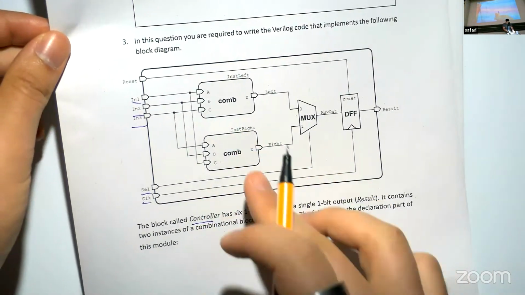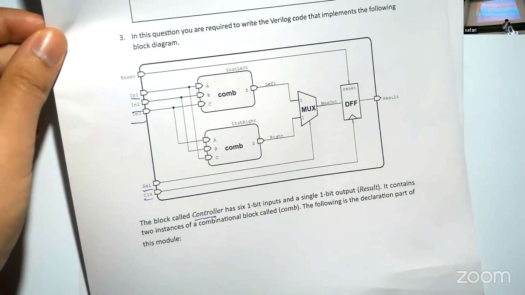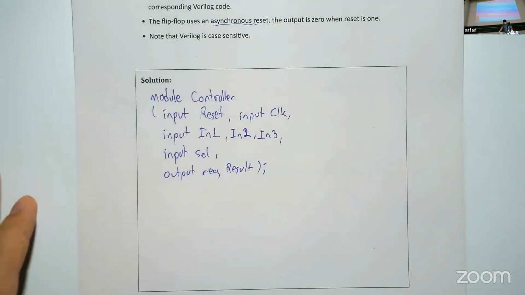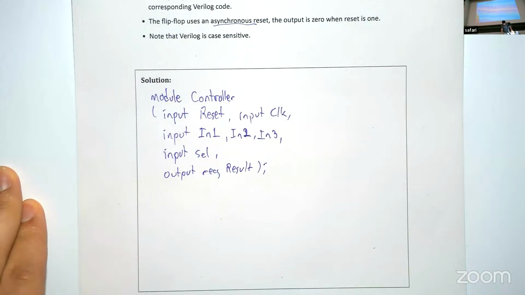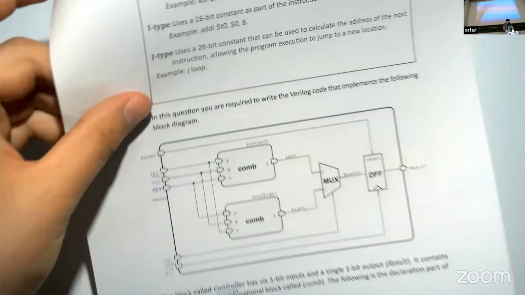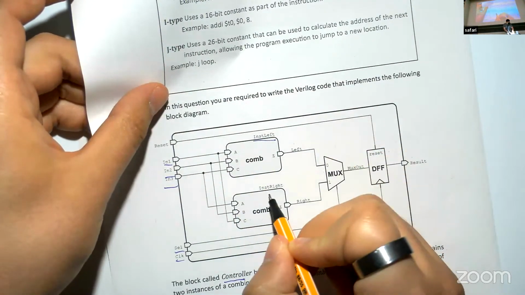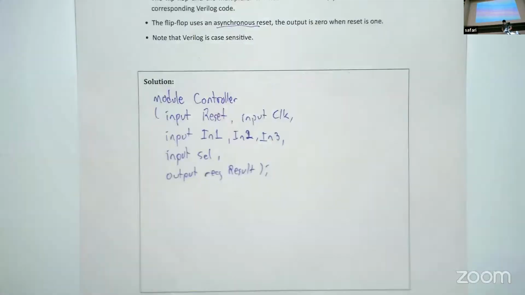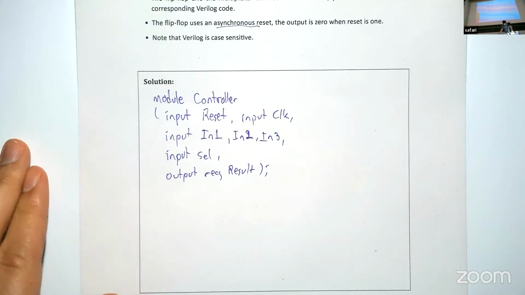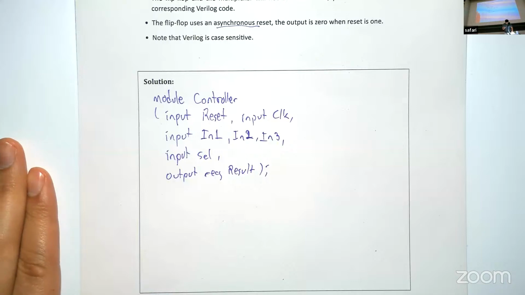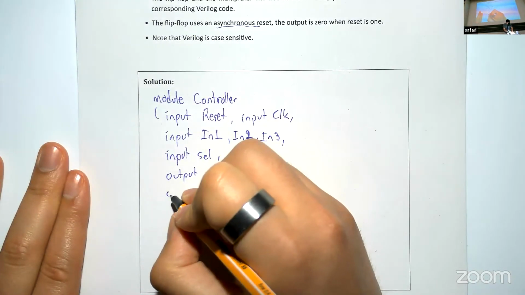We can instantiate the combinational logic blocks here, because it's going to be relatively easy. You can see their names here as well: instantiation left, inst left, and inst right. Those will be their names. So how do we instantiate modules? We write the module name, that's comb.